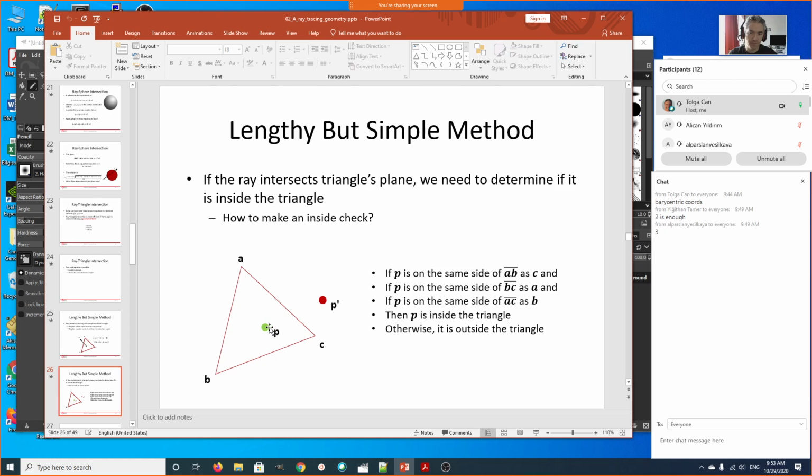P is another point on this plane. So when you do the cross product, for example C minus B with P minus B, it should give you the normal vector. Actually, you can check that whether it's equal to the normal vector in all three cross products, but you should be very careful about the order of the cross product.